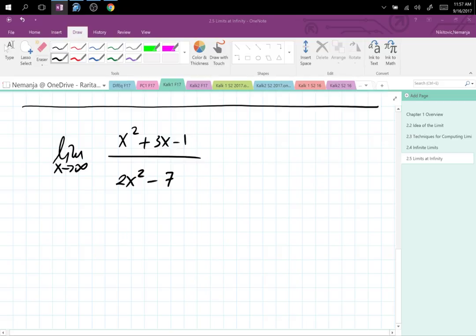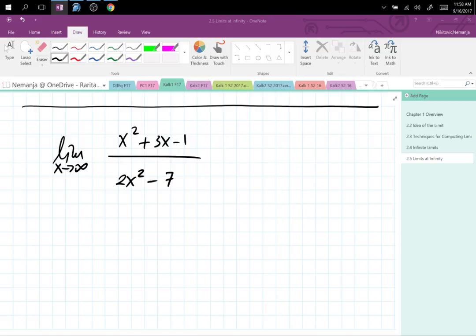Does anyone remember what would be the horizontal asymptote for this function from PreCalc 1? Yes, 1/2. Very good. The exponents are the same, and because the leading exponents are the same, that means that the front coefficients will give us the asymptote, and that asymptote is at 1/2. Nice.